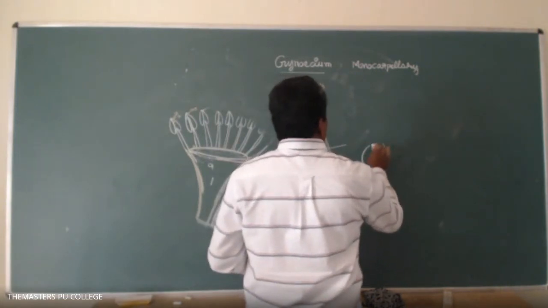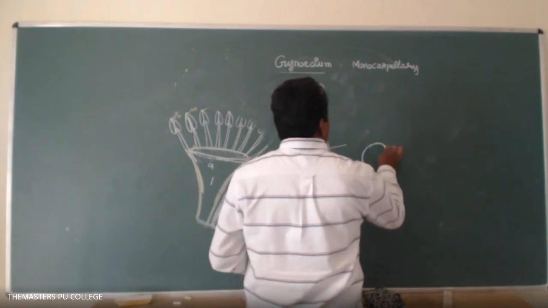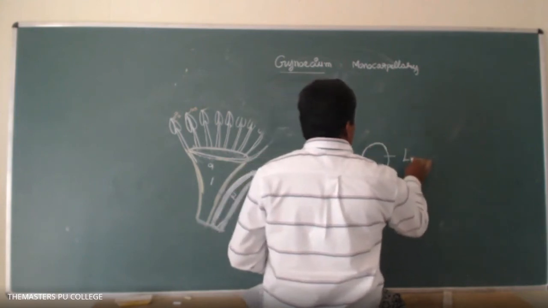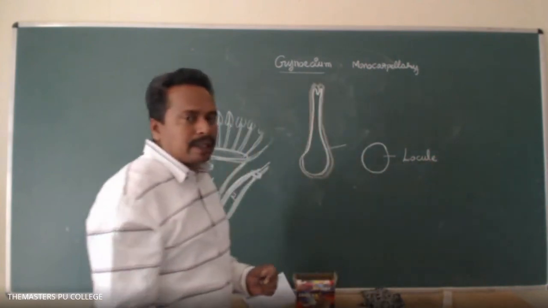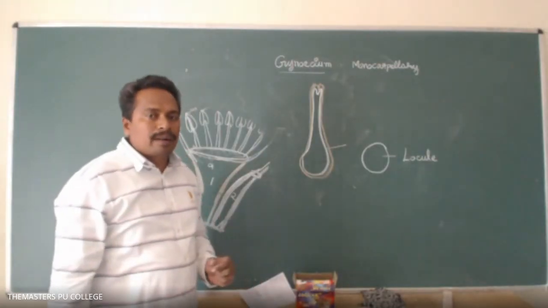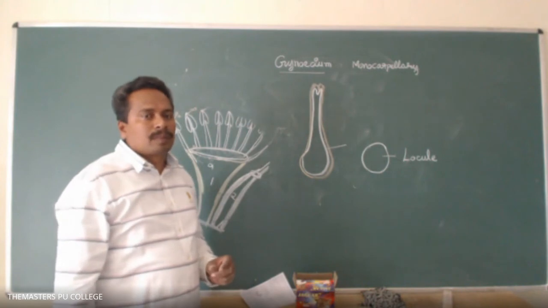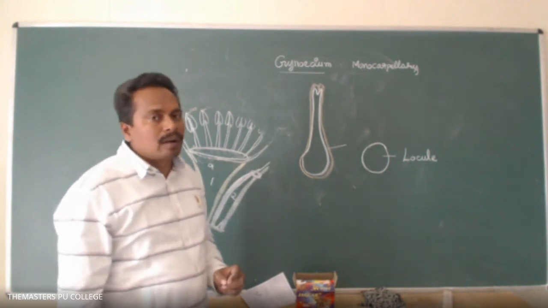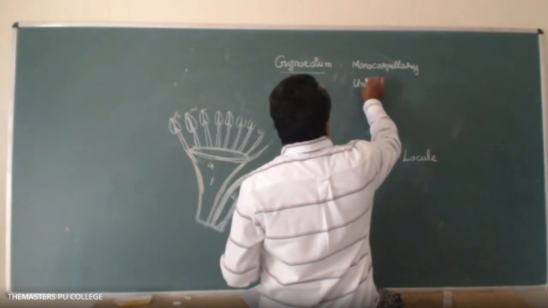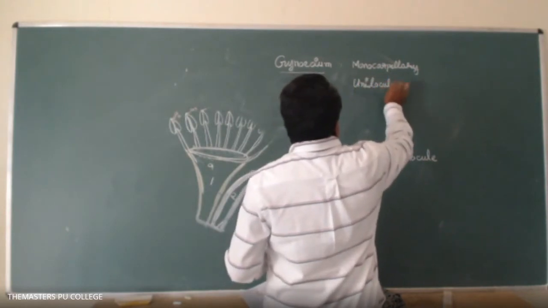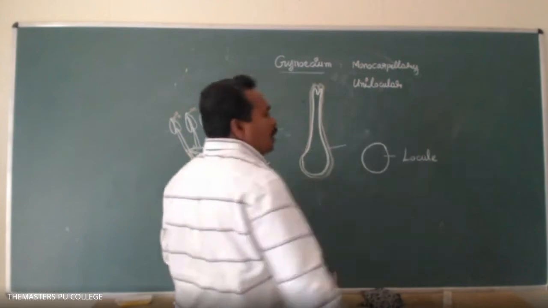In this monocarpellary gynoecium, one locule is present. The ovarian cavity is called a locule. It's unilocular. Uni means single.